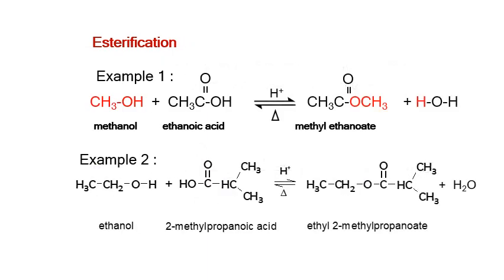Another example, example 1, methanol treated with ethanoic acid, H+, heat under reflux, reversible arrow, produces methyl ethanoate and water. Second example, ethanol and 2-methylpropanoic acid, under reflux, H+ mineral acid catalyst and reversible arrow, produces ethyl 2-methylpropanoate.